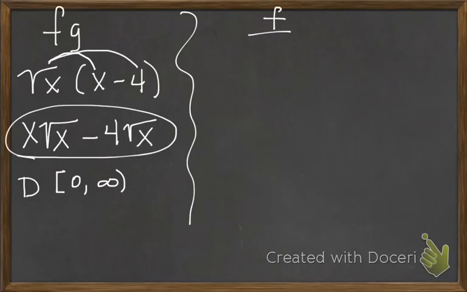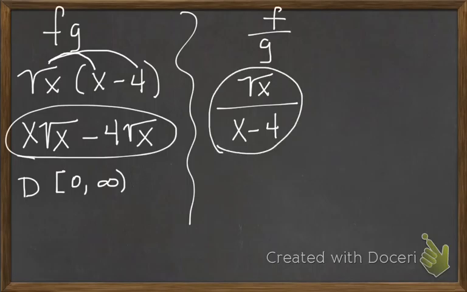Alright, and then let's do f divided by g, and we'll call it a day. So f of x was square root of x, and g of x was x minus 4. Can you simplify the square root of x over x minus 4? No, got to have the same binomial in the top and the bottom to cancel or simplify your fraction. So this is the answer, but the domain will change here. Okay?